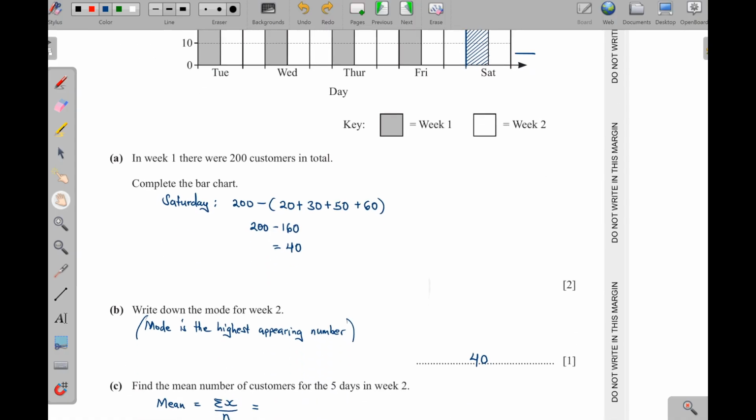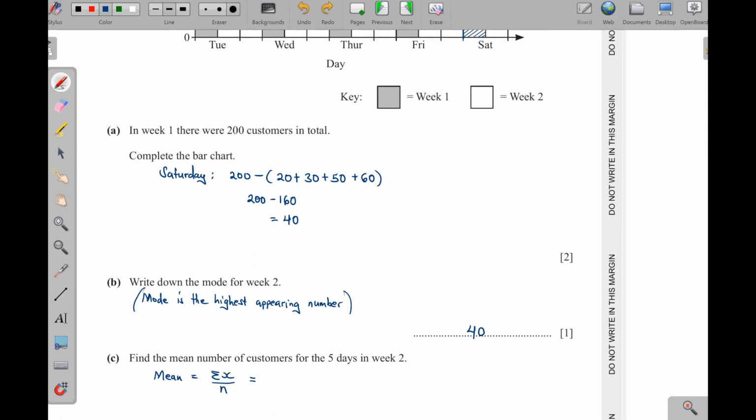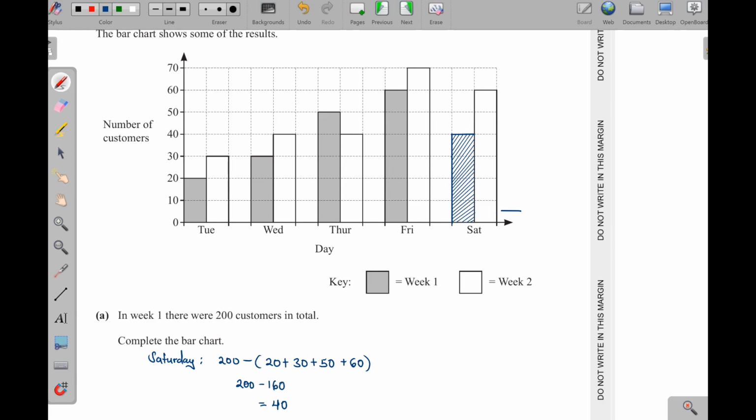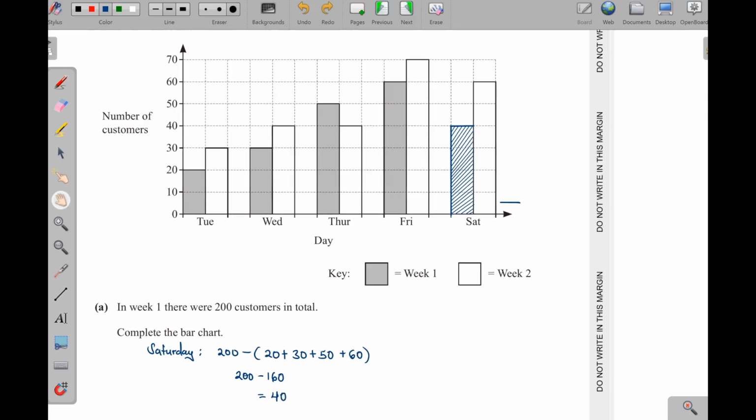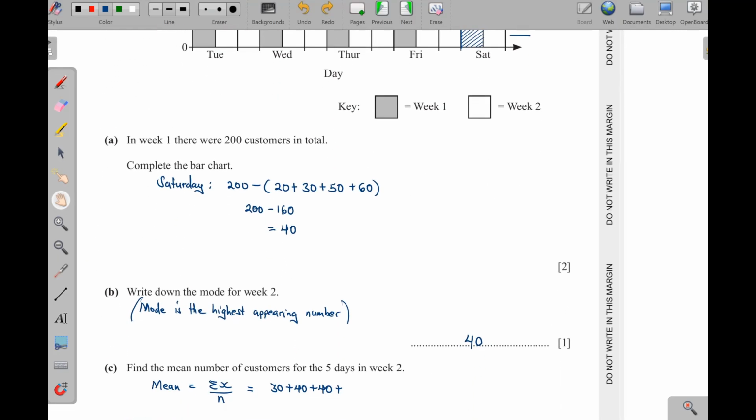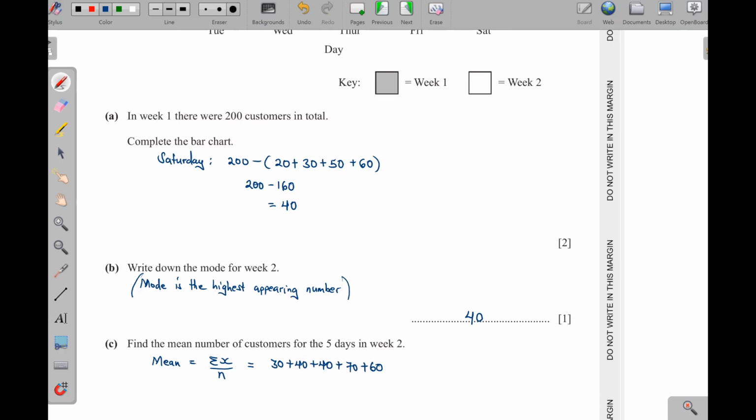So 30 plus 30, plus 40 plus 40, then plus, for Friday, we are seeing 70, and then 60. So 70 plus 60, and then we divide by how many they are.